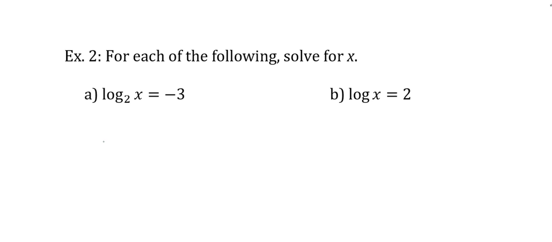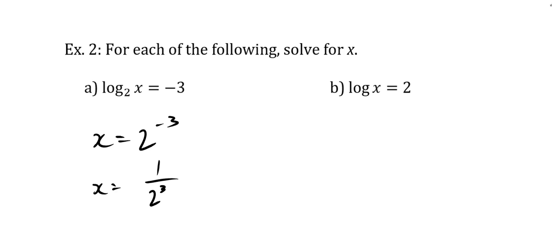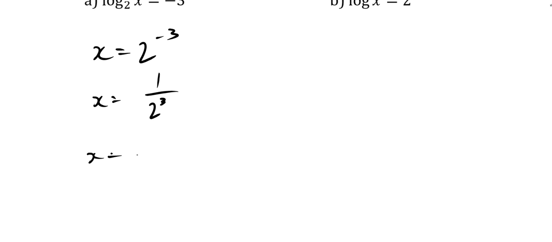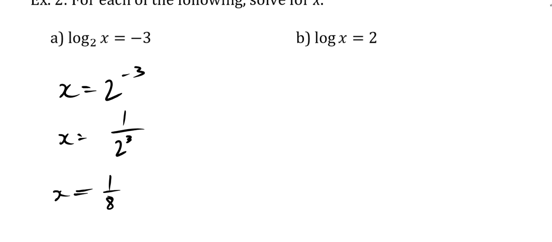I could also always rearrange it. So x equals 2 to the negative 3, right? So if I rewrite it, I can evaluate that, of course. So x equals 1 over 2 to the 3, which is 1 over 8. Pretty straightforward. What about the next one?